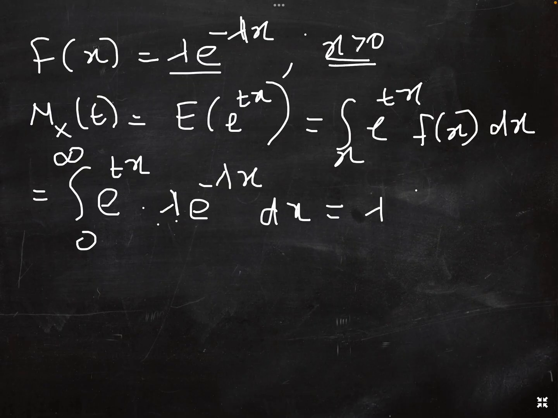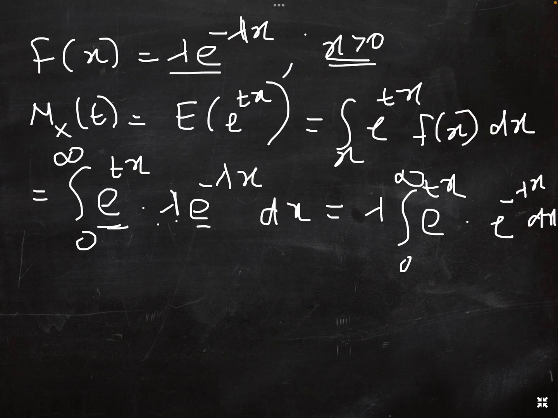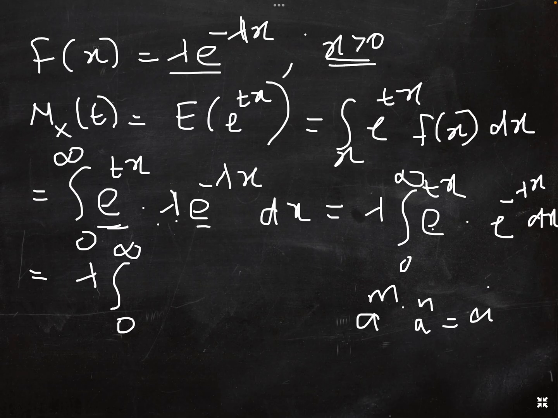So lambda integral 0 to infinity e raised to tx e raised to minus lambda x dx. We can write it like this: lambda integral 0 to infinity e raised to tx into e raised to minus lambda x. a raised to m into a raised to n is a raised to m plus n.